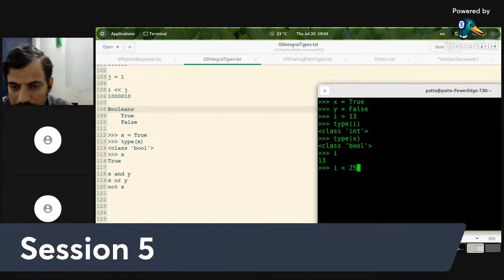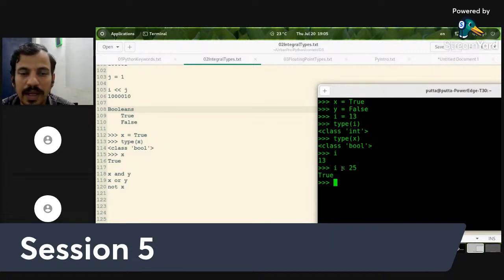In this case, because 13 is less than 25, the result is true. Okay, this is an example of a Boolean operation. And this less than is a relational operator. I will come to that shortly. Anyway, you know that it has the same meaning as in maths.